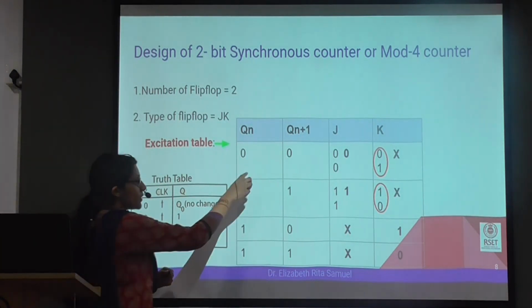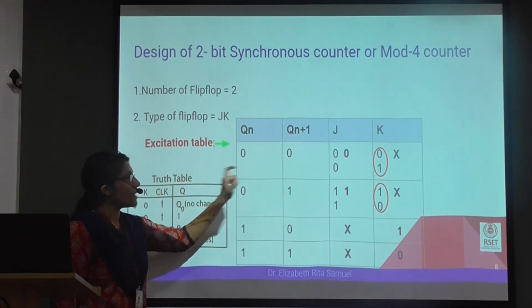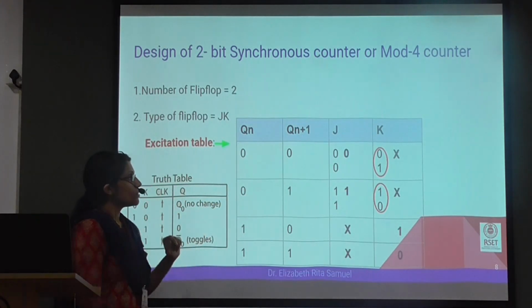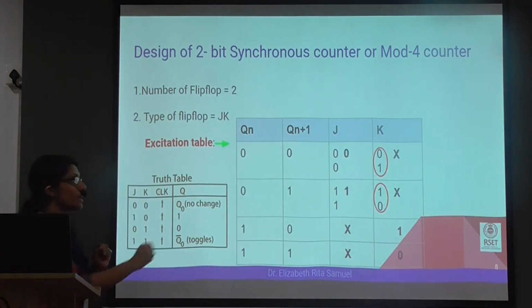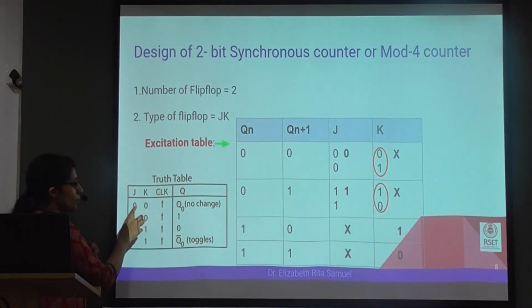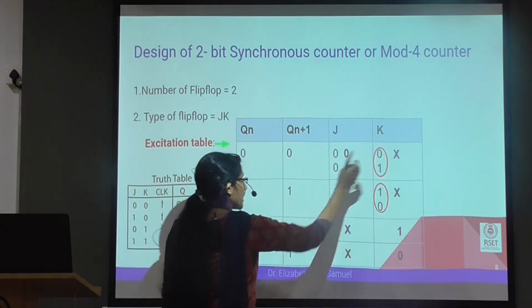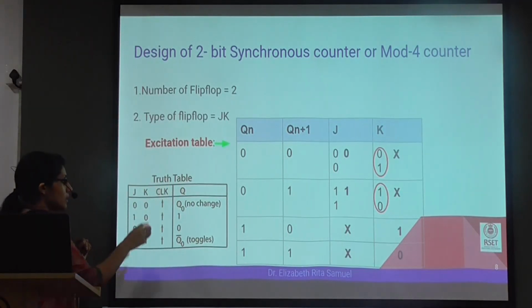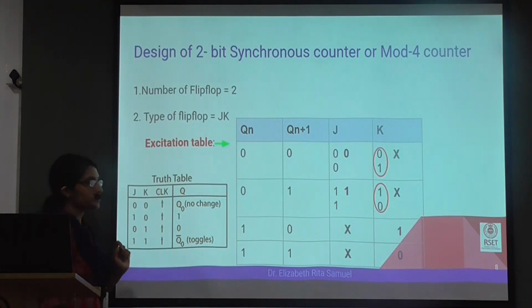So for the first case of our excitation table, we see that the previous value is 0 and the next value is 0. Here we are holding on to the previous value, and we know the condition for that is J and K are 0, 0. Next, for the case when J is 0 and K is 1, our output is 0.